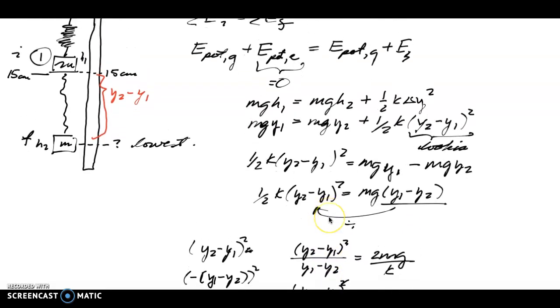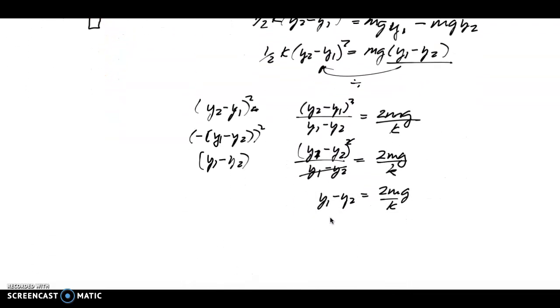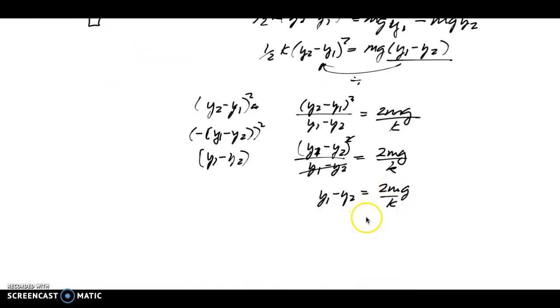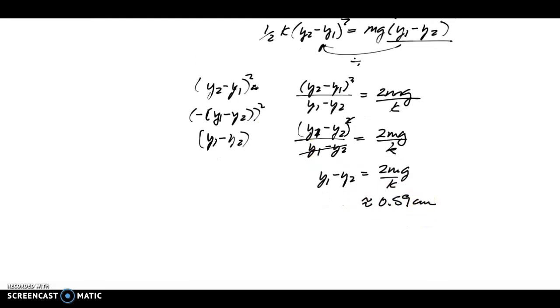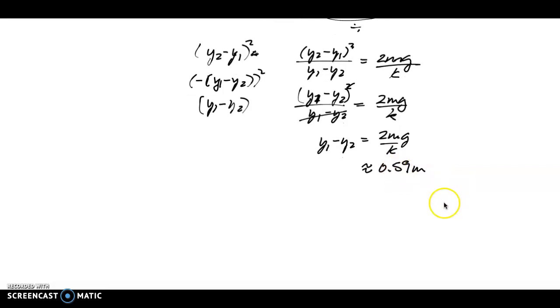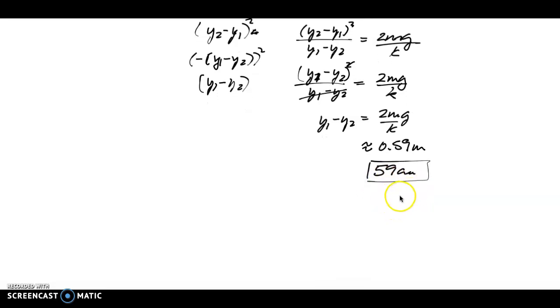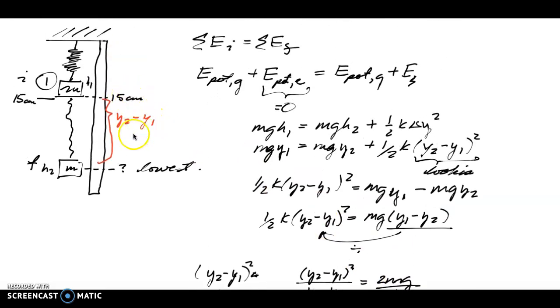I can now calculate this, which is approximately 0.59 centimeters, or sorry, meters. If you put all your values in for that, you'll get that, which means this is 59 centimeters. That means this difference is 59 centimeters.